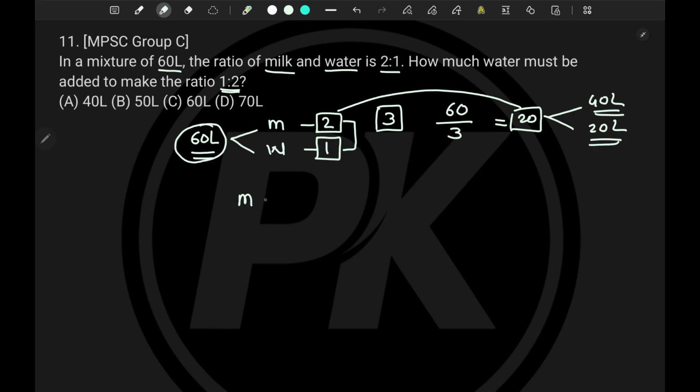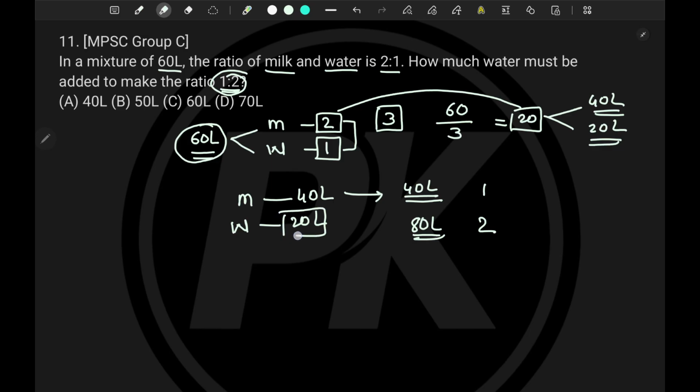So I now have milk 40 liters, water 20 liters, right? Now what is given? I have to make this ratio 1 as to 2. So to make it 1 as to 2, if I consider milk as 40 liters, then the water must be 80 liters, to make it 1 as to 2.